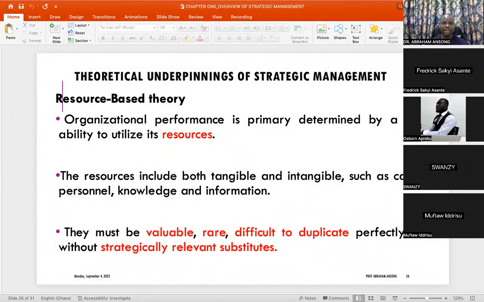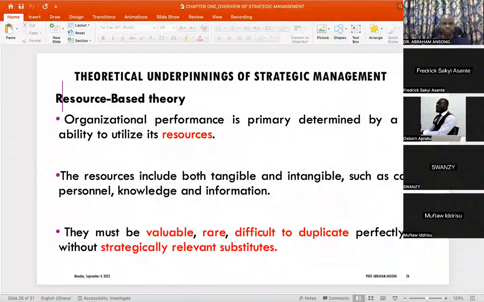So it argues that for a resource to give you a competitive advantage, that resource must first and foremost be valuable. All right. The resource must be rare. It must be difficult to duplicate perfectly and without strategically relevant substitutes. The points are very, very related.